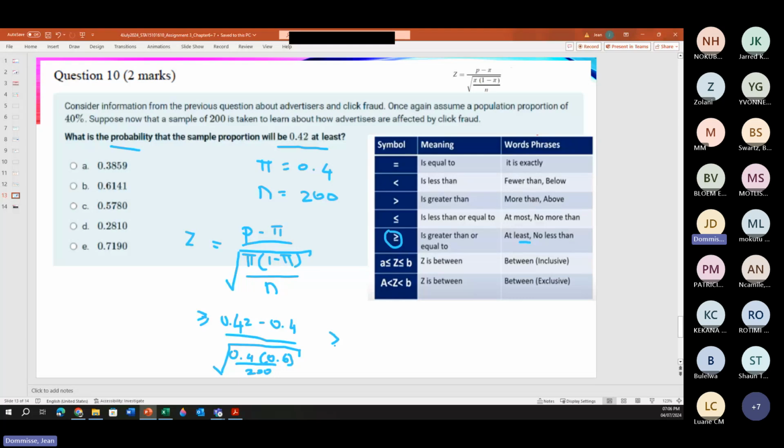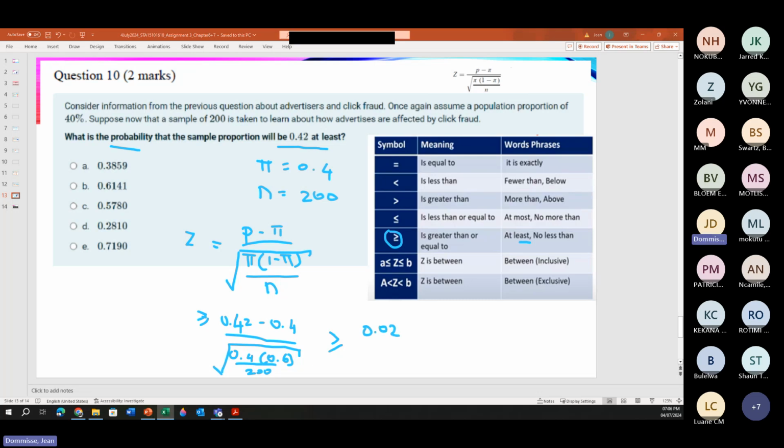Okay, so let's just quickly see again: 0.42 minus 0.4 is equal to 0.02.